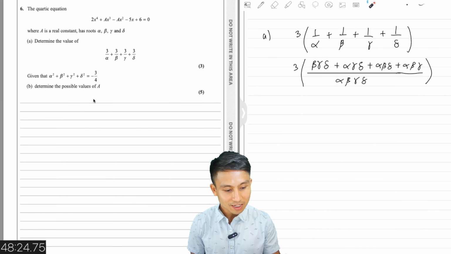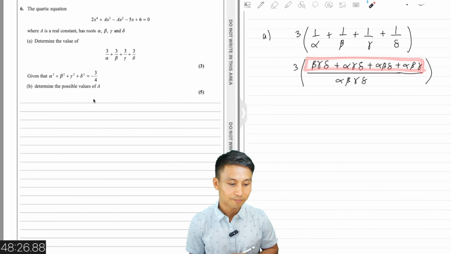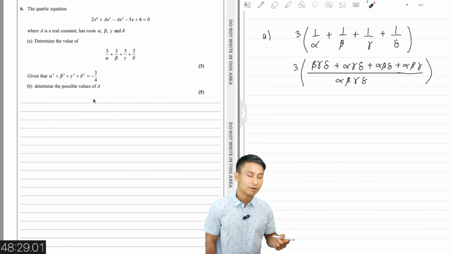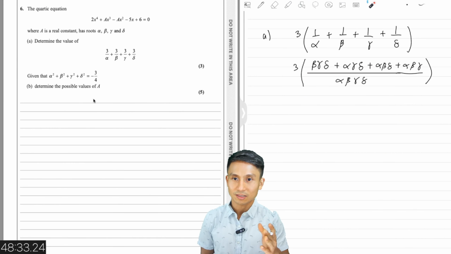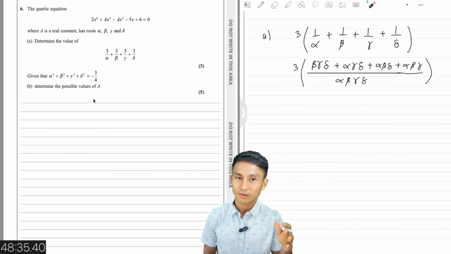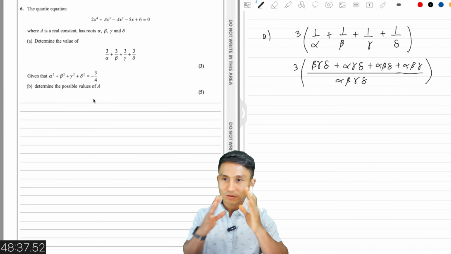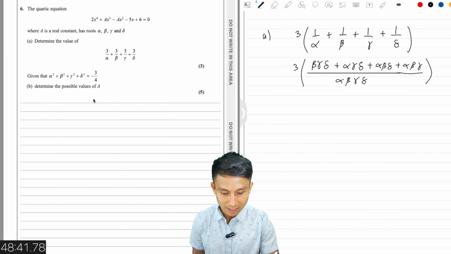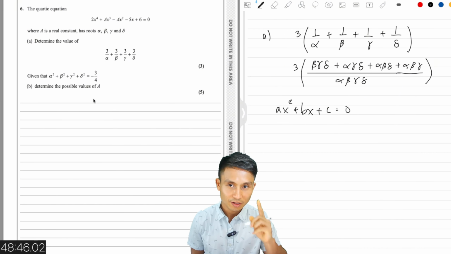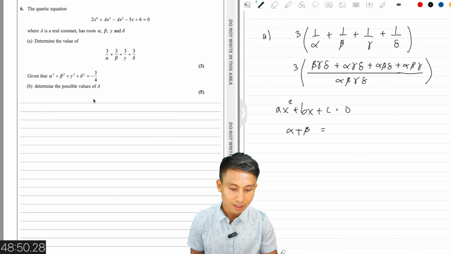And you see, this is the sum of products of 3 roots. Now let's go from the fundamental here, because if you go from quadratic, when you have ax squared plus bx plus c equals 0, the sum of the roots, which are just alpha and beta, is minus b over a.